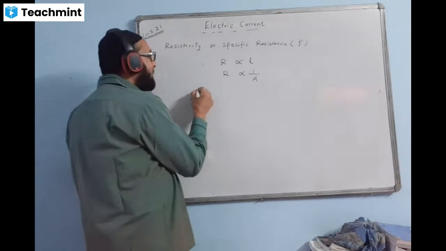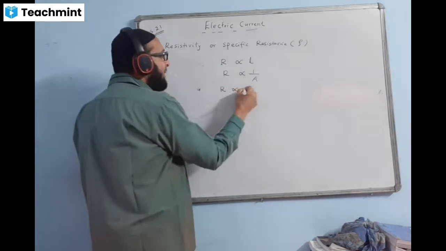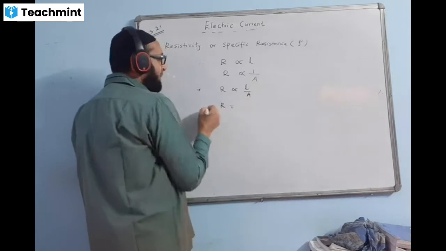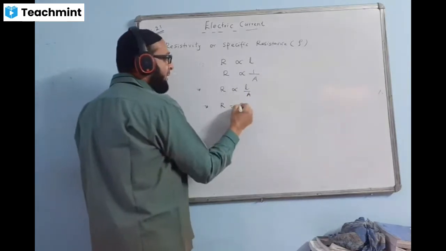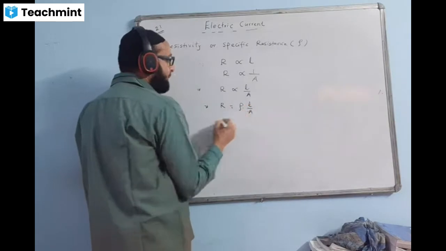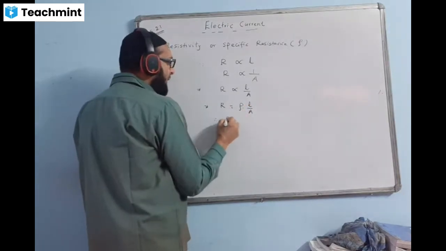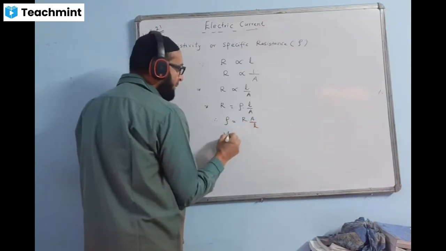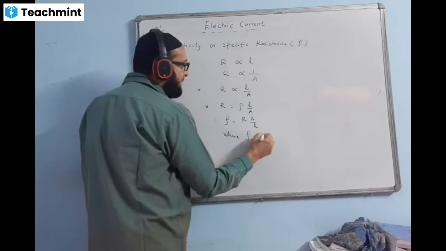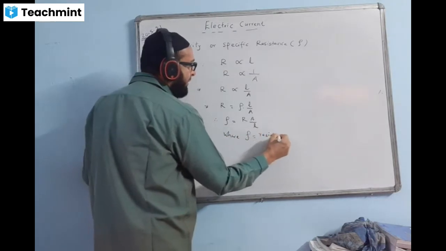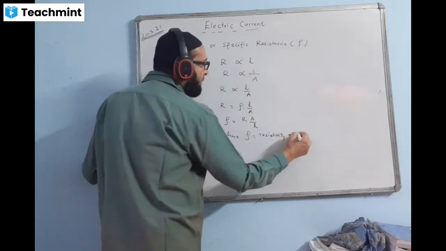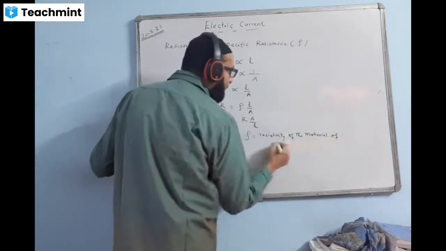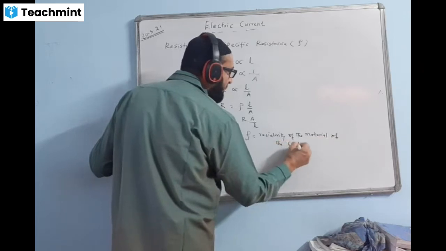So when we put the two proportionalities together, we write that R is proportional to L by A. To change this sign to an equal sign, we multiply by a constant, we write rho L by A. Therefore, rho becomes RA divided by L. This rho is known as the resistivity of the material of the conductor.